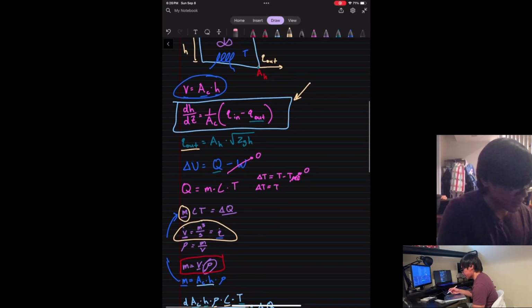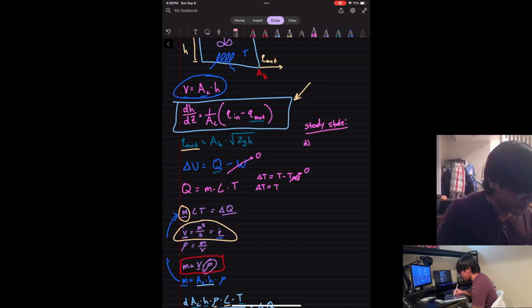And since this is at steady state, that means there is no change in height. And later on, this will also mean that there's no change in temperature as well when we do the other equation and solve for the initial temperature.